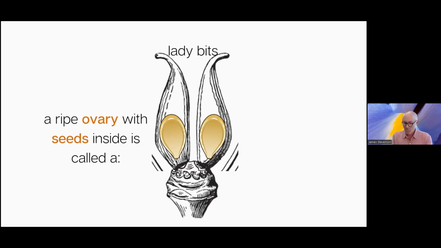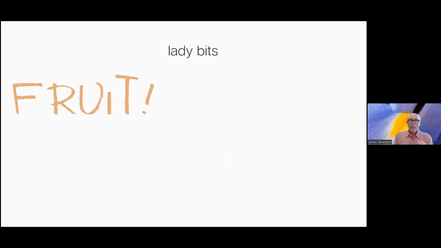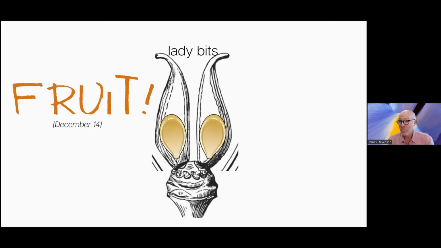Guess. It's called a fruit. A ripened ovary of a flowering plant. The ripened ovary of any flowering plant. All flowering plants produce an ovary. That ovary, when it's ripe with seeds inside, is called a fruit.